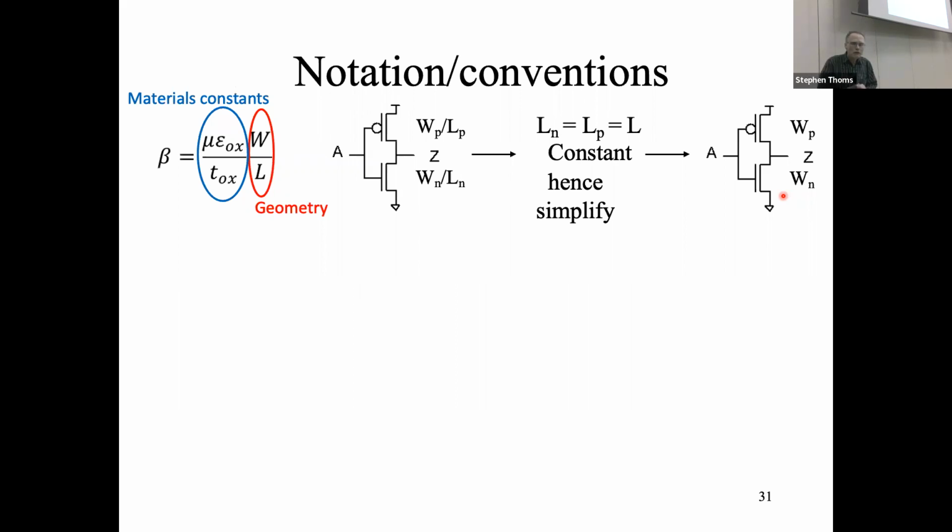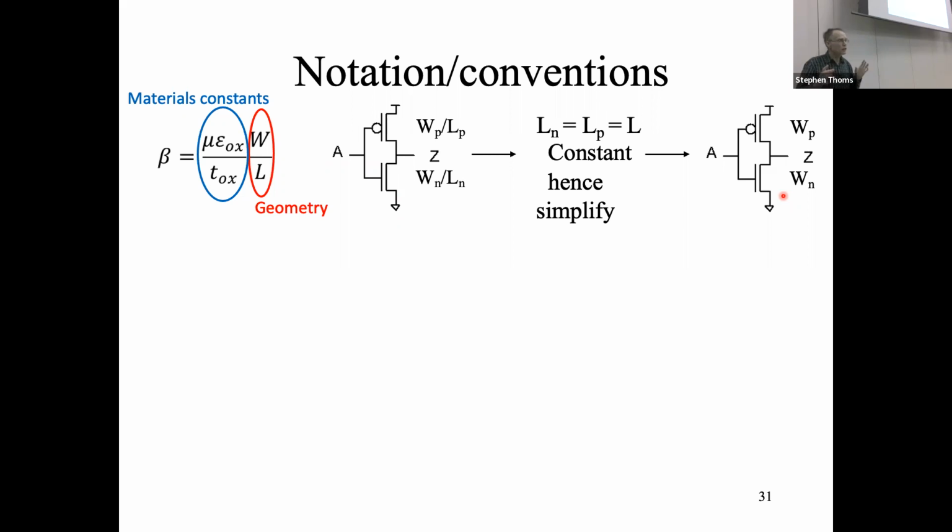So, okay, here's some notation I'm going to go through. If you look at the gain, beta, it's got a part circled in blue, which is essentially material constants. It's mobility, the oxide thickness, epsilon.